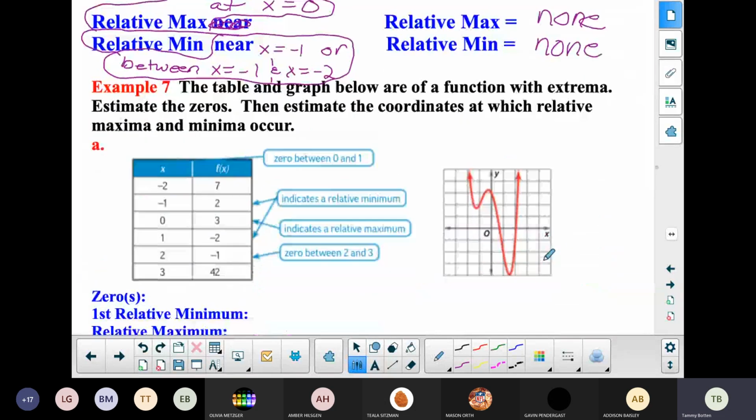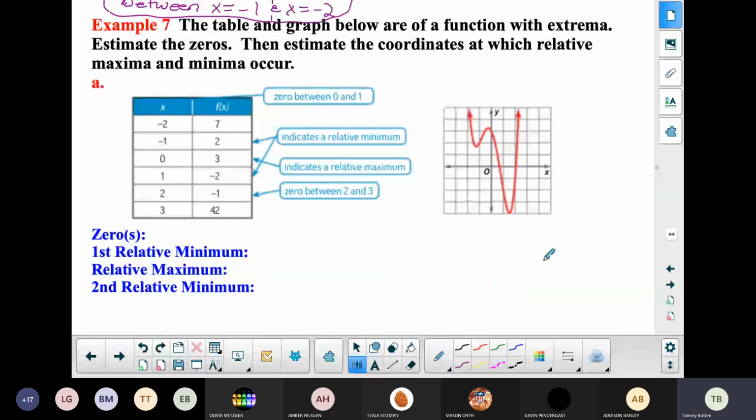Okay. So last question here, it's saying that we have a table of values and then they also have a graph of it. But I want to explain something with this table. First of all, when they have this table, notice they have the numbers going up by 1 each time. So they go -2, -1, 0, 1, 2, 3.